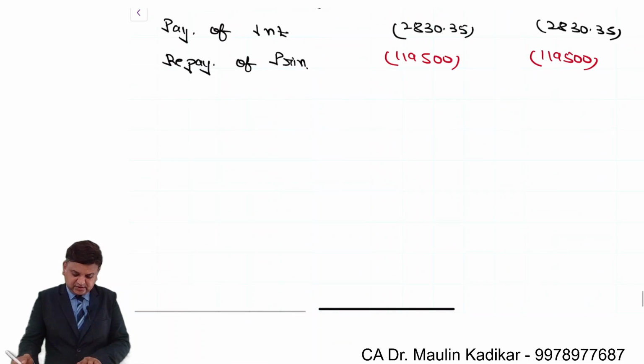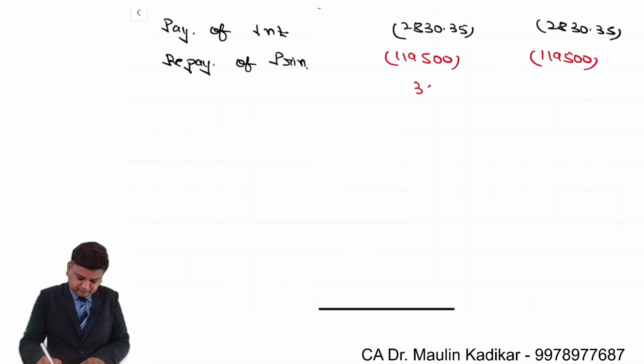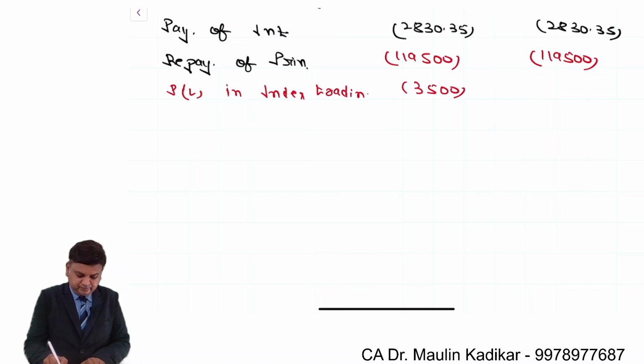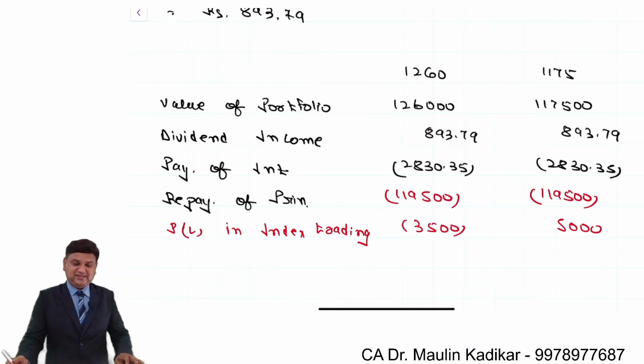So in the first case, loss of 3,500. So we will have the profit or loss in index trading. In the next one, it is 5,000 rupees of profit. This is the way we will have the final answer.